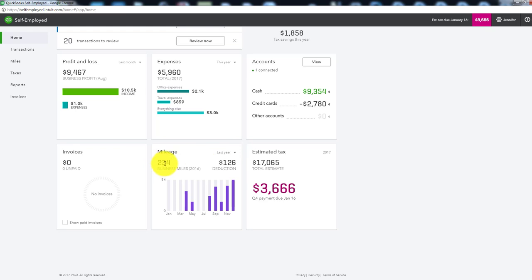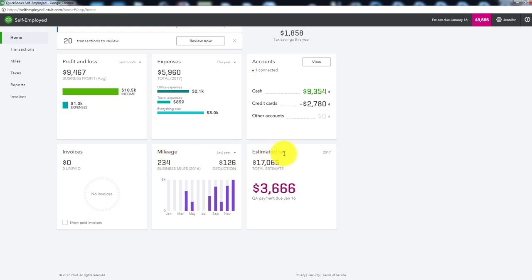So this tells you how many miles have been driven so far in the year, and then the dollar amount tells you, based on the number of miles that you have driven for any given year, this is the amount that you can deduct for that mileage. So in this case, this person can deduct $126 for the 234 miles they drove last year.